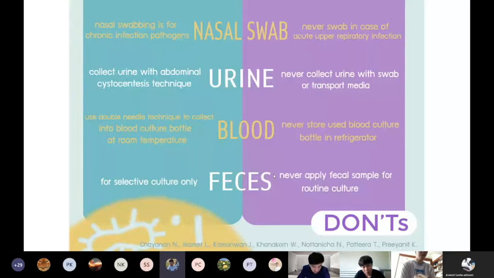and some of the bacteria are fastidious, such as Helicobacter and Campylobacter. So we have to cut the intestine, the colon, and tie it up to keep a vacuum atmosphere with the least oxygen in the culture.